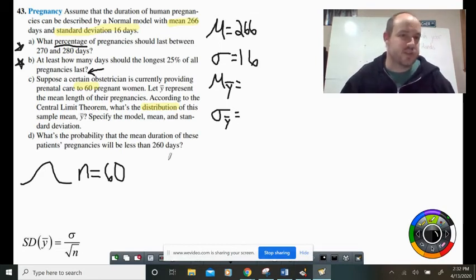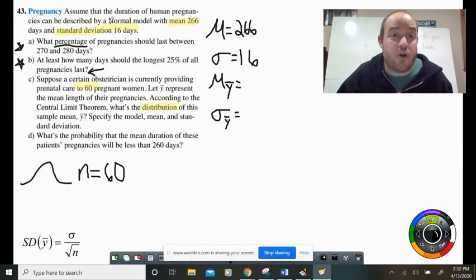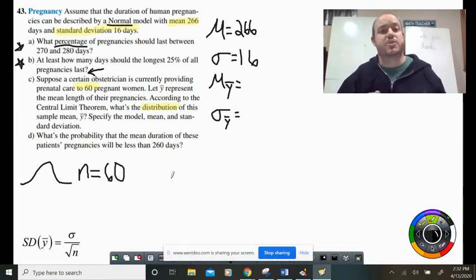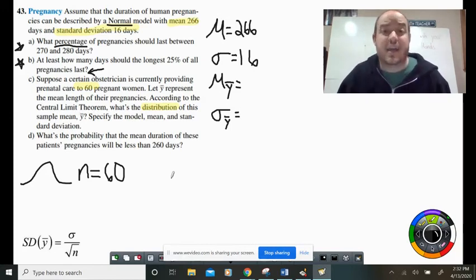Are we nearly normal? In this case, we don't have to worry as much about the sample size because our original data was normal. So we know that the sampling distribution is going to be normal as well. So we don't have to freak out as much. Again, this is not a proportion question, we're actually dealing with quantitative data because they gave us a mean and standard deviation from the very beginning.